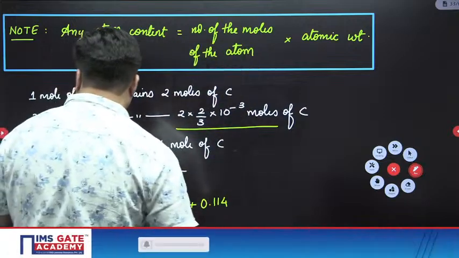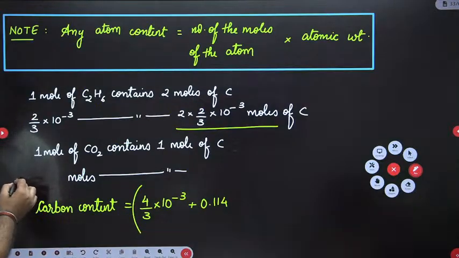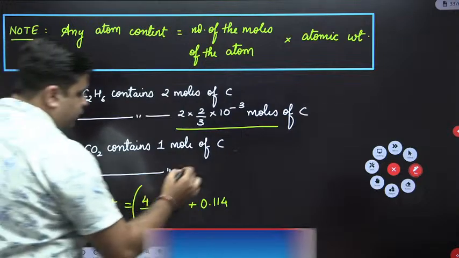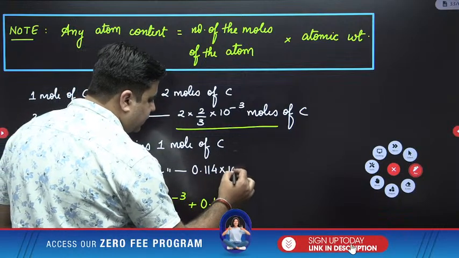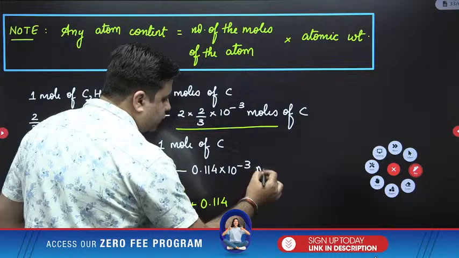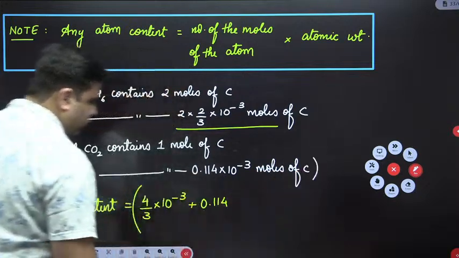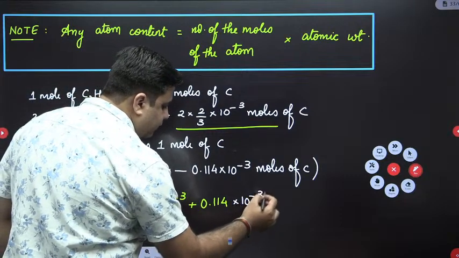So this will be 0.114 into 10 raised power minus 3 moles of carbon. So this will be 0.114 into 10 raised power minus 3 into 12.